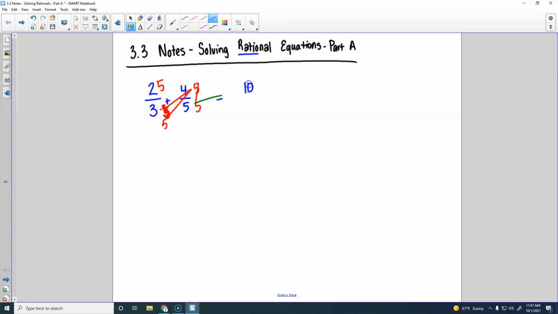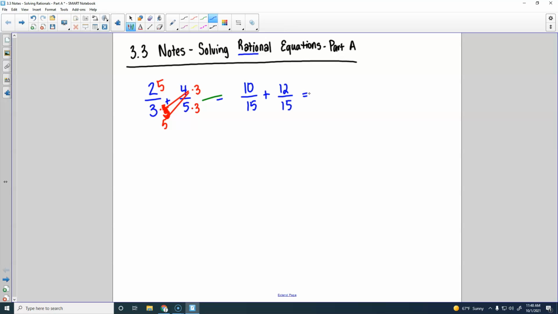So I got 10 over 15 plus 20. I'm sorry, that's not 5. My computer was messing with me so much I'm going to use that as my excuse for missing that right there. I'm multiplying by 3 on top and bottom here, which is going to give me 12 over 15.